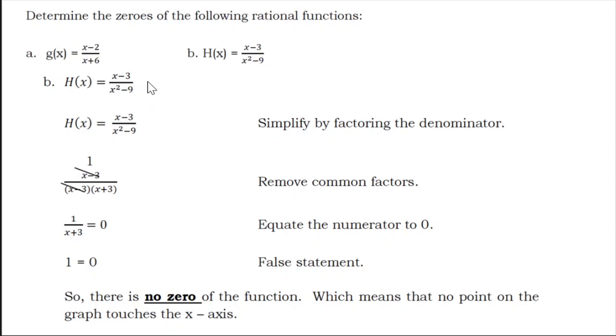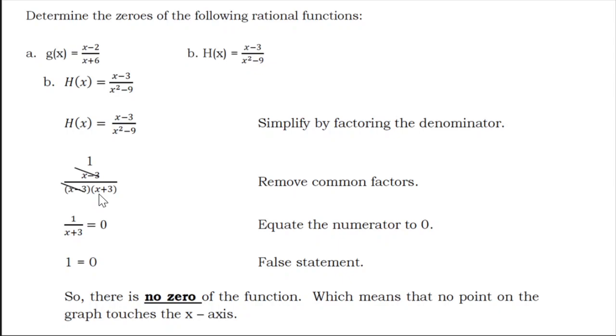As you can see, the rational function is factorable, and of course it will be simplified. The denominator there is x squared minus 9, so we have to factor. The factor of x squared minus 9 is quantity x minus 3 times quantity x plus 3.